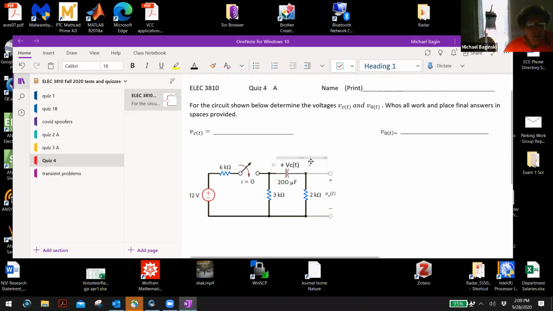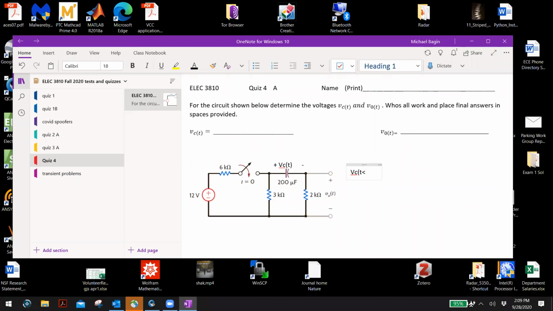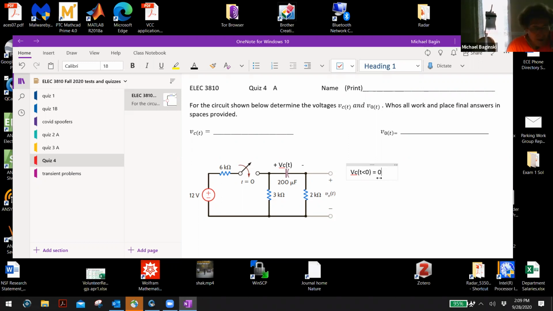All right, so if you look at that, VC for T less than 0 is 0 for starters, right? Now, what is VC as T when the switch closes? Well, how much current can flow through that for T equal infinity?